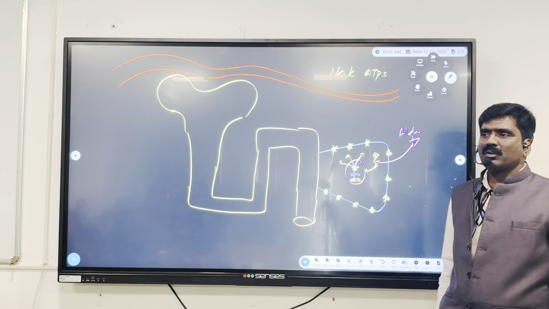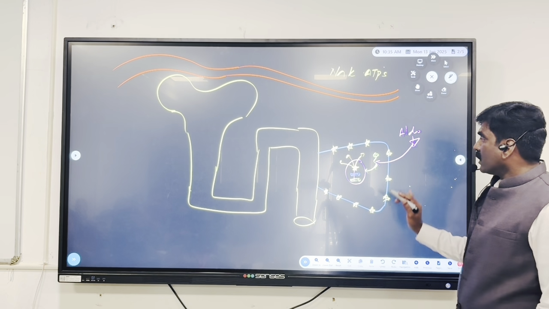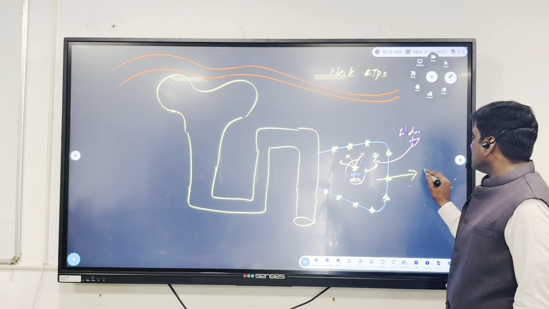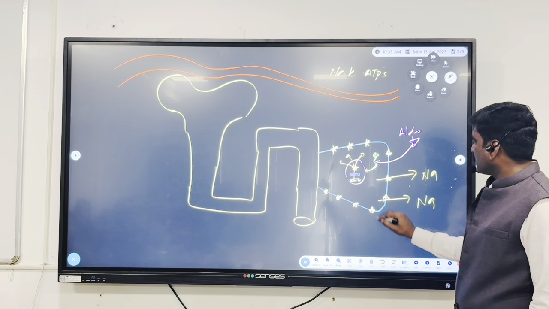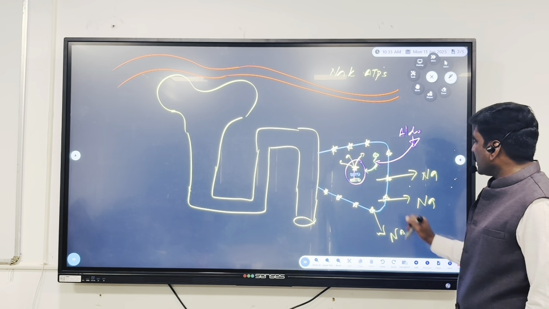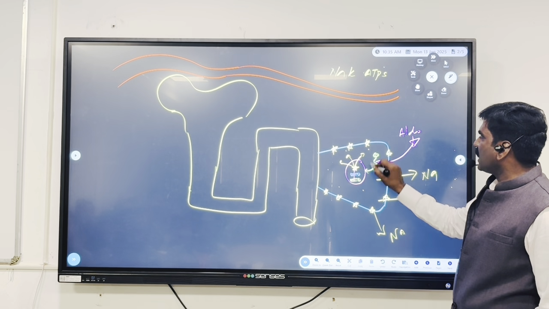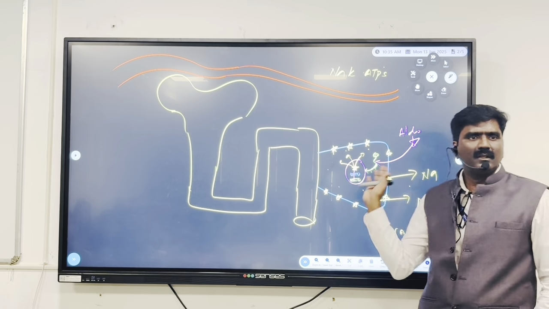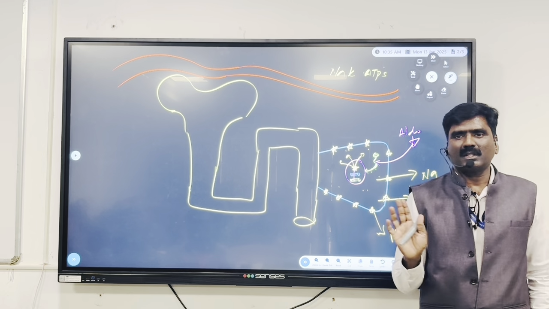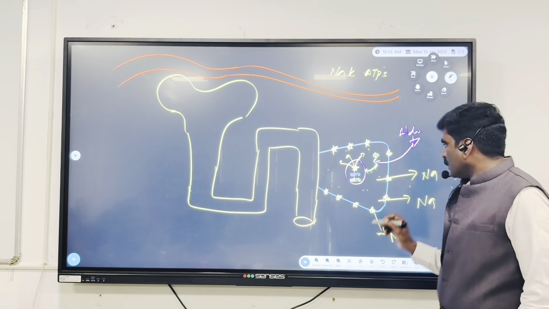So what is the function of sodium potassium ATPases? It will throw the sodium outside the cell. Sodium which is present inside the cell will be thrown out. That is the function of the sodium potassium ATPases, right?